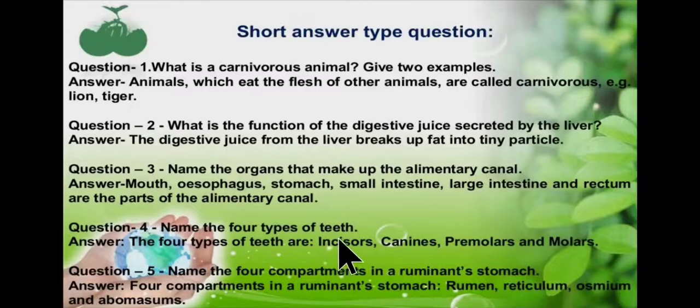The 4 types of teeth are incisors, canines, premolars and molars. Last, name the 4 compartments or chambers in ruminants. They are rumen, reticulum, omasum and abomasum.